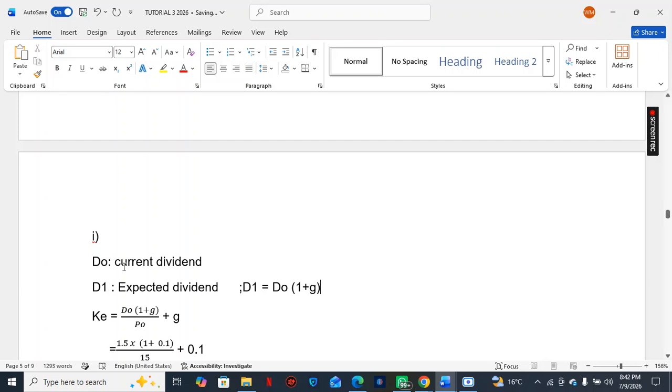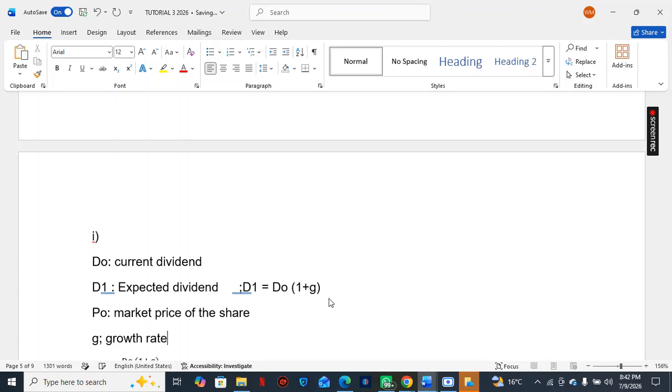So sometimes in this formula you might see D1 over P0. If you see a D1, just remember this D1, which is the expected dividend, is the current dividend multiplied by the growth factor. P0 is the market price of the share. g is the growth rate of the dividends.